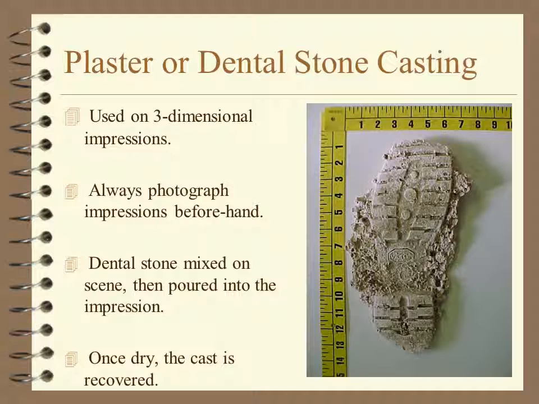Once it's dry, you remove the cast. Casts are usually placed in boxes, and if the cast has some dirt adhering to it, it's generally best to leave the dirt alone and allow the footwear or tire track examiner to remove the dirt once he gets the cast.